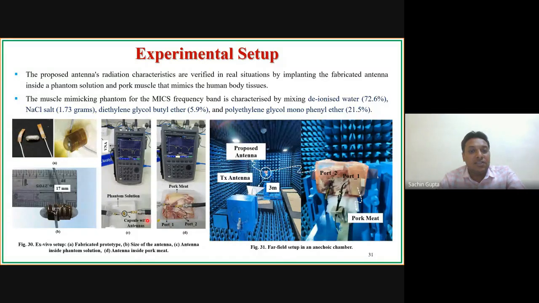The testing was performed inside the phantom solution and the pork meat, in free space as well as inside the anechoic chamber. And the phantom was created using salts and water, and it is just similar to the permittivity of the human body organs.